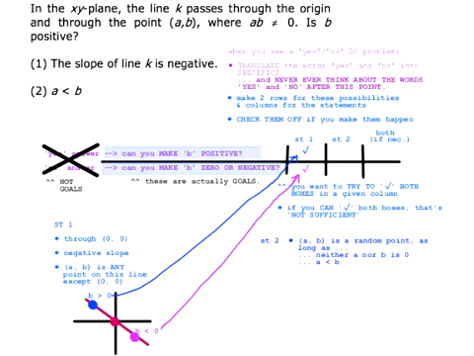But other than that, it's a totally random point. And you don't know that the slope is negative here, so you should probably think about it not being negative.